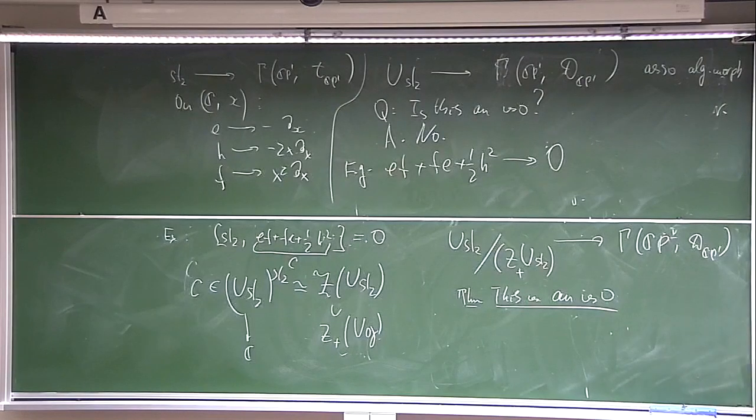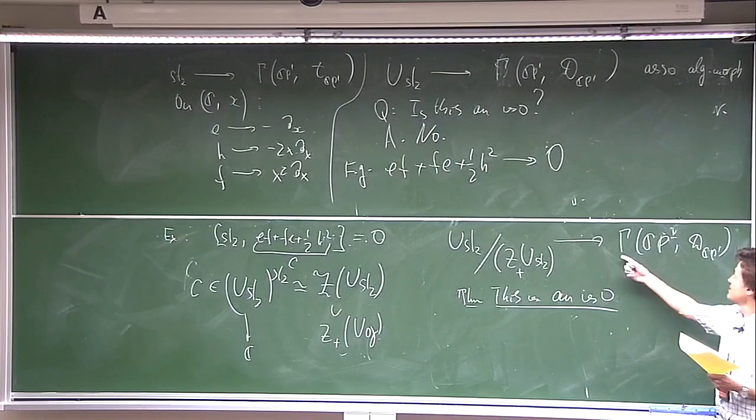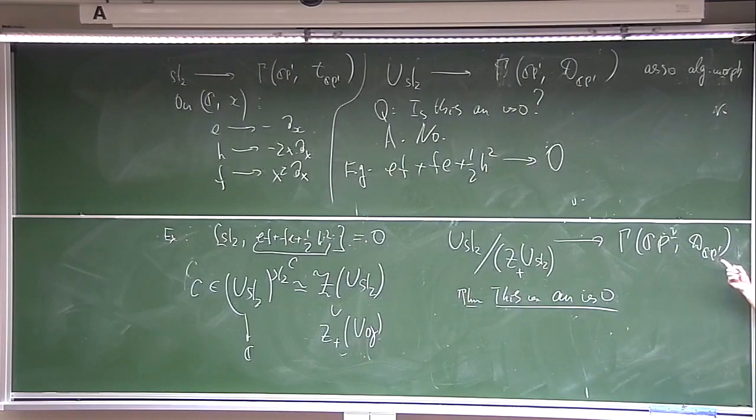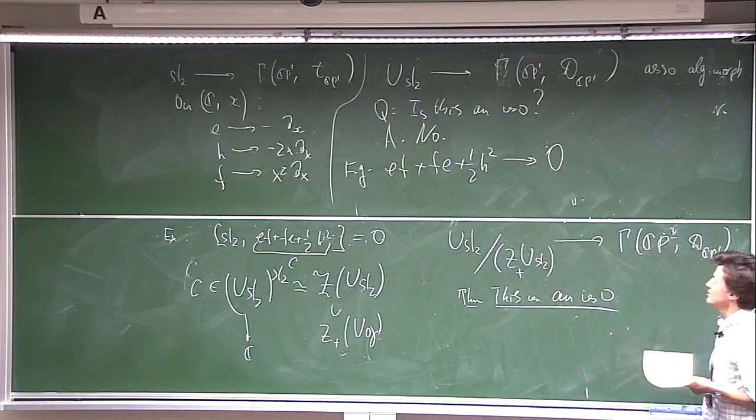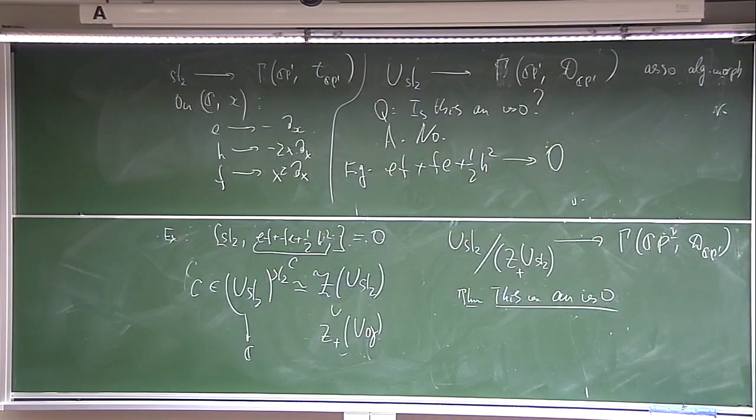It's a good exercise on things that we studied. In this particular case, this is an example of how you can sometimes compute the algebra of globally defined differential operators. So it has a rather profound meaning in terms of the corresponding universal enveloping algebra. So, proof.